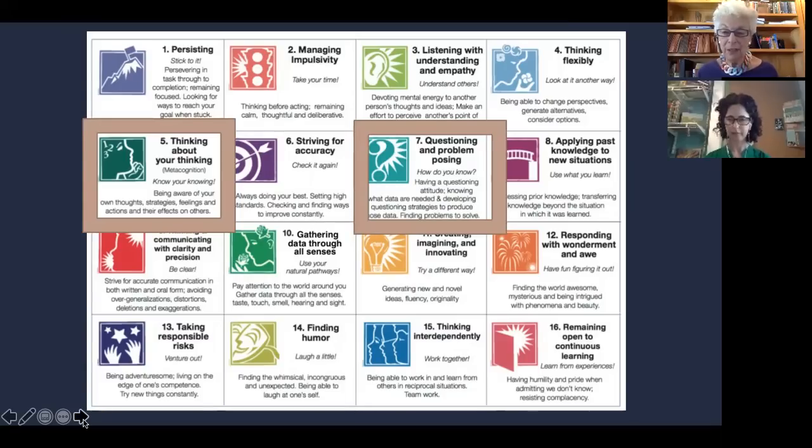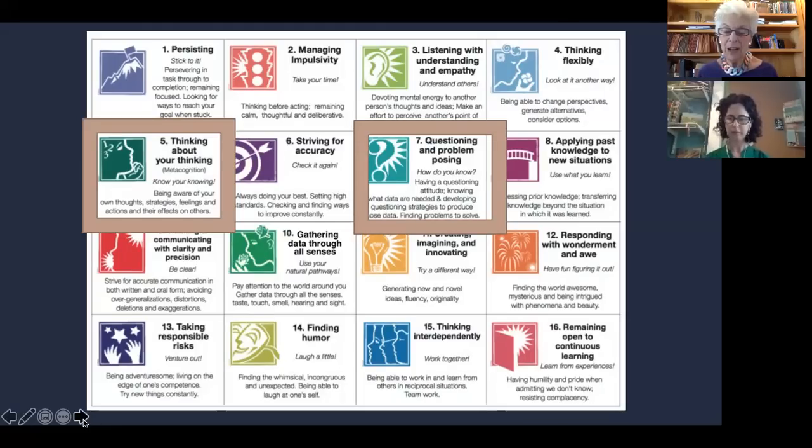Now, you know that there are many of these habits of mind that are really coming into play. For example, we need to be managing our impulsivity if we're going to set a direction. But what we really are trying to say is that metacognition, that being aware of your thinking, will be a really important habit to pay attention to here.